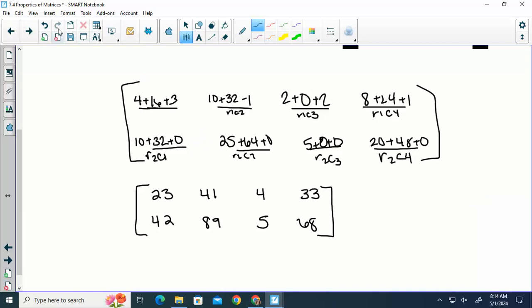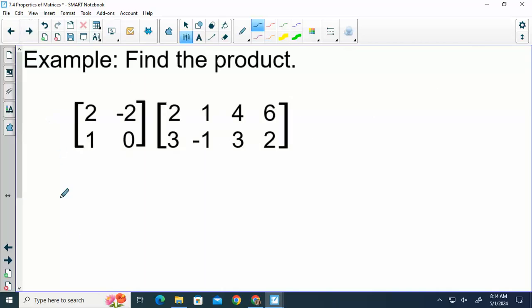Let's try another one. So, what's the dimension of our first one? 2 by 2. And the second one? 2 by 4. So can we multiply? Yes.